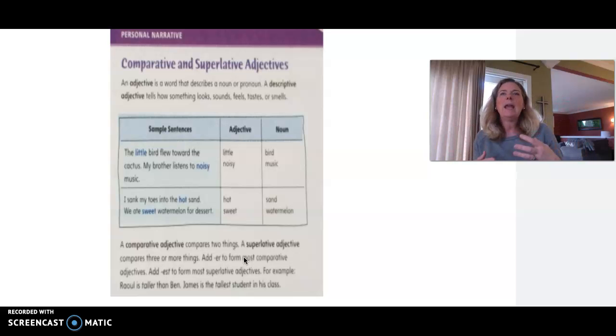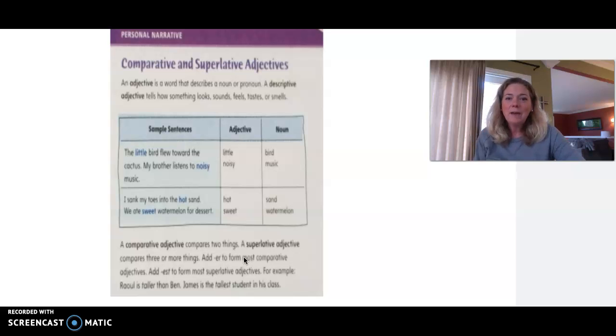So if you're saying that one person is taller than the other, you're going to use er to describe that. So if I have two people, so maybe Bob is taller than Sam, we're just using er because you're only using two, and we call that a comparative adjective. If you're only comparing two people, you add er to your adjective.